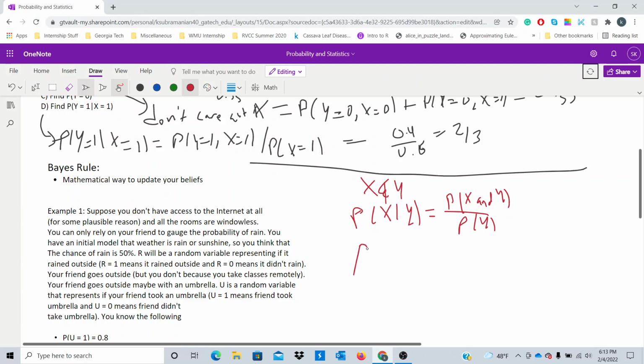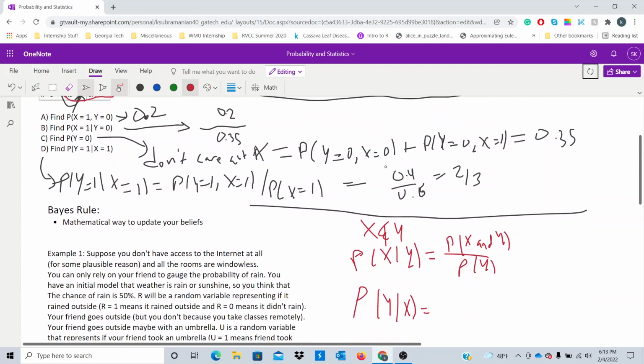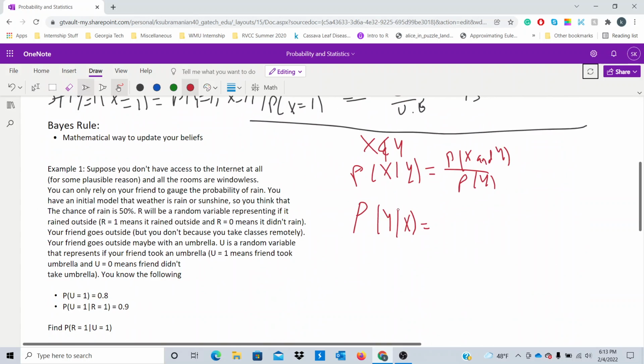So we have this definition. Now, let's do a quick observation. Suppose we want to find the probability of Y given X. By our observation from earlier, which is up here in the rectangular box, we know that the probability of y given x is simply the probability of y and x over the probability of x. But what do you notice?